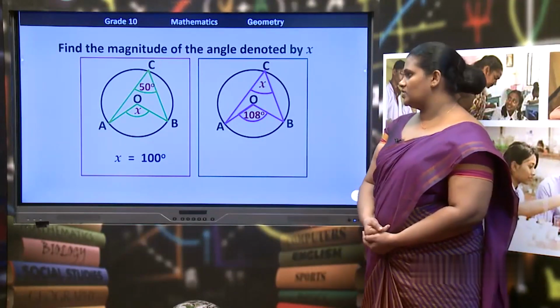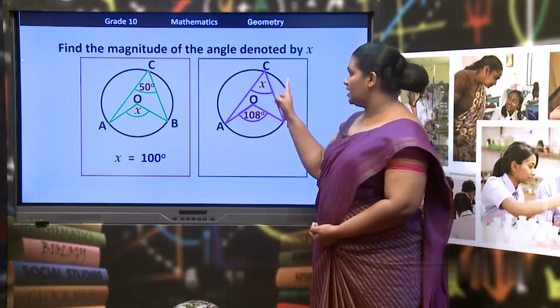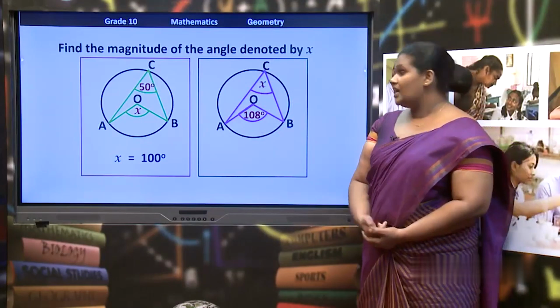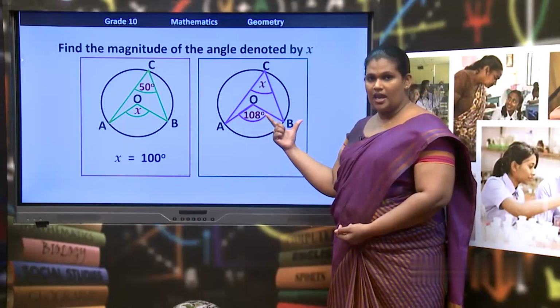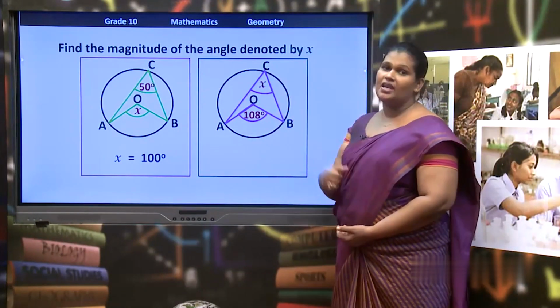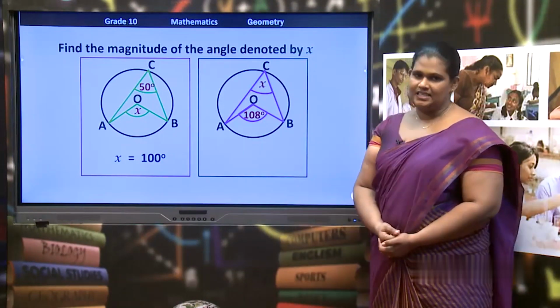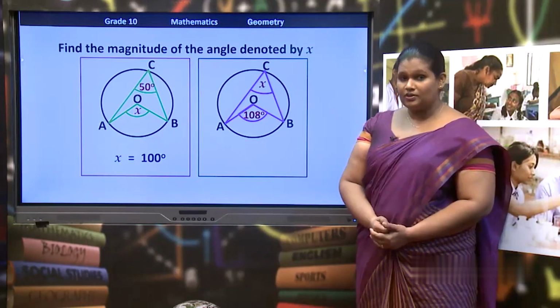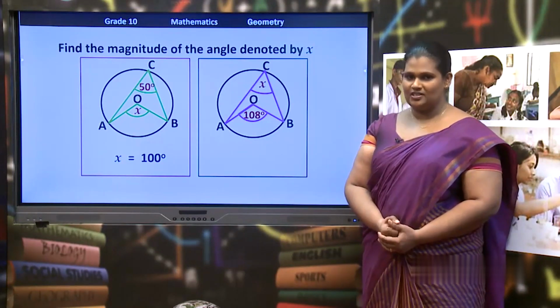And angle ACB is the angle subtended by the same minor arc AB on the remaining part of the circle. Right. Once again, we can relate this to the theorem we have learned previously.